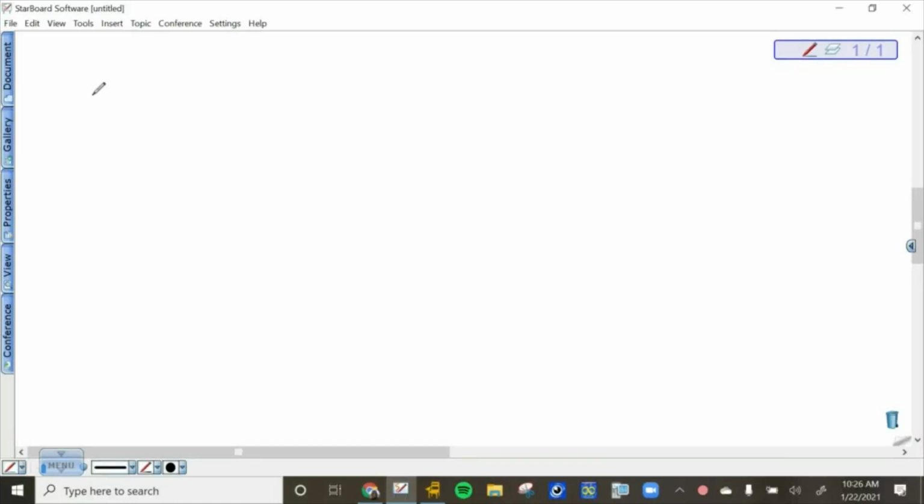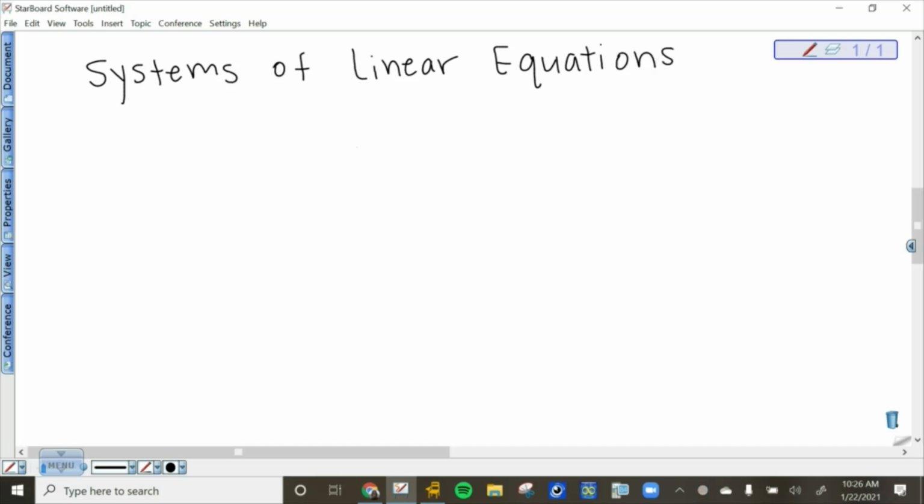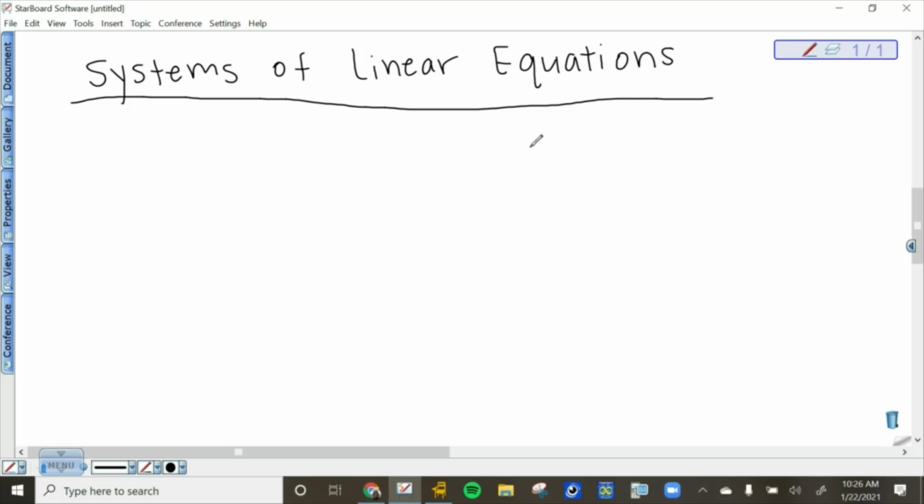So we are going to start talking about systems of linear equations. What that really means is instead of just looking at one linear equation, just one graph, one line, we're talking about multiple equations, multiple graphs, multiple lines. And you could look at as many as you wanted.